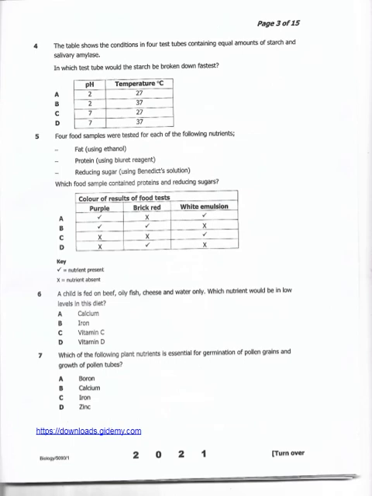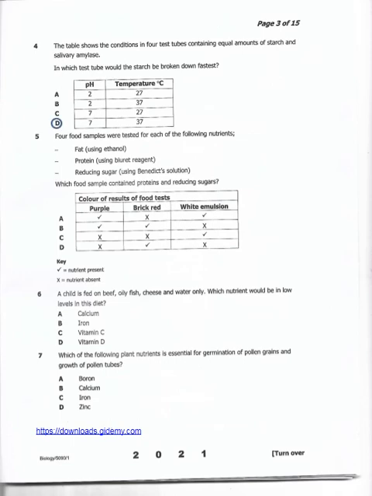We have A with a pH of 2 and 27, B a pH of 2 and a temperature of 37, C a pH of 7, that's neutral, and a temperature of 27, D a pH of 7 and a temperature of 37. Since it's starch, we'll look for the highest temperature, that's 37 degrees, and the neutral pH. So our answer is D.